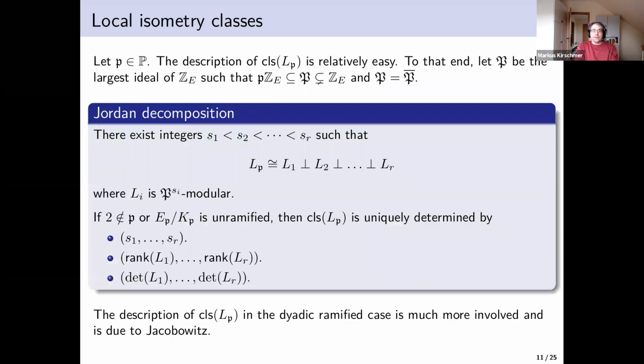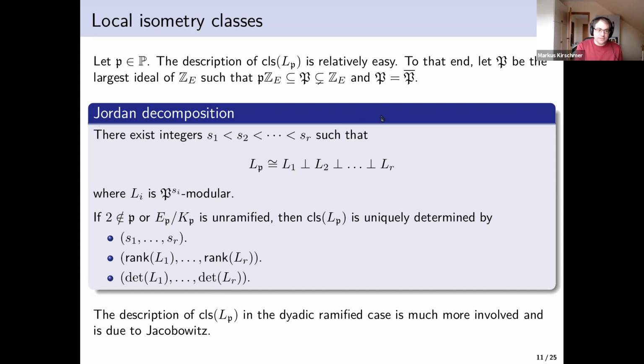Okay. Now, I said that locally, my Hermitian lattices are expressed by invariants. The genus is given by invariants. I want to make this a little bit more explicit. So suppose we are given any prime ideal of K. And I want to describe the isometry class of the completion of L at p.